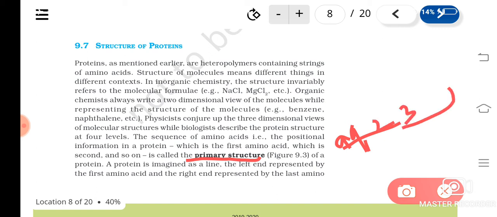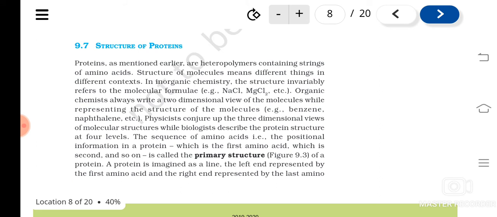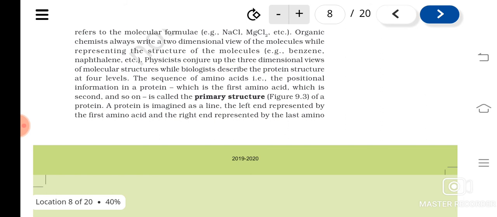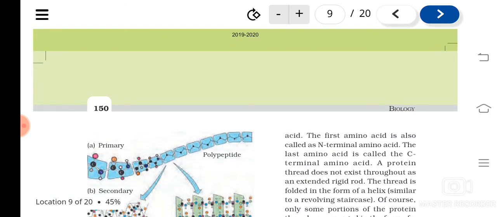The left end is represented by the first amino acid, and the last right end is represented by the last amino acid. The first amino acid is called the N terminal, and the last amino acid is called the C terminal amino acid.